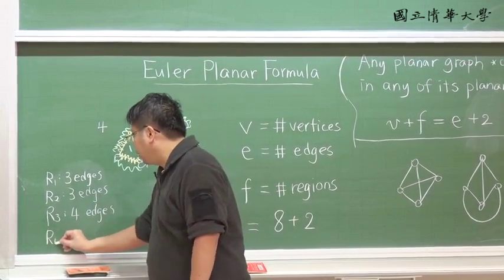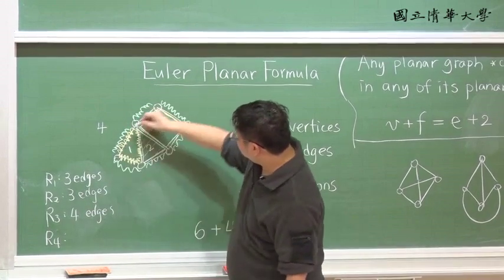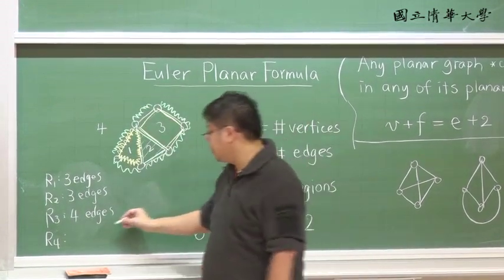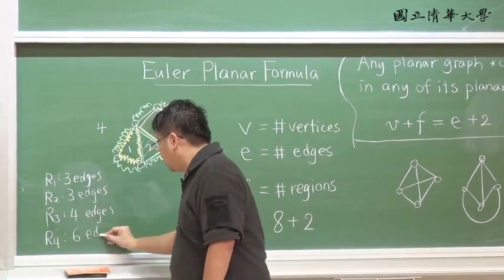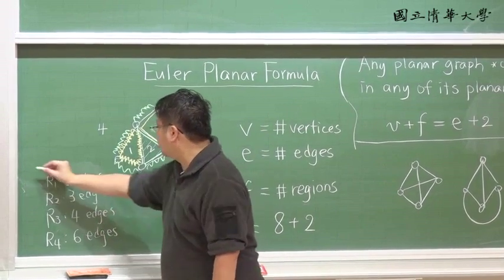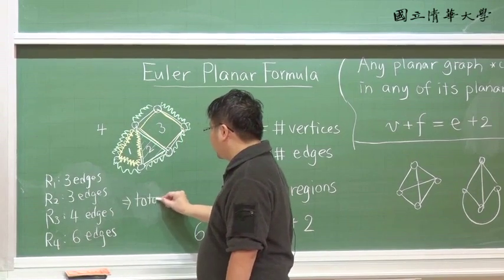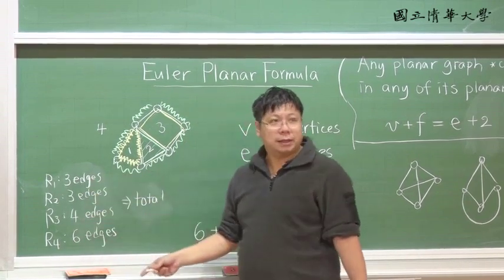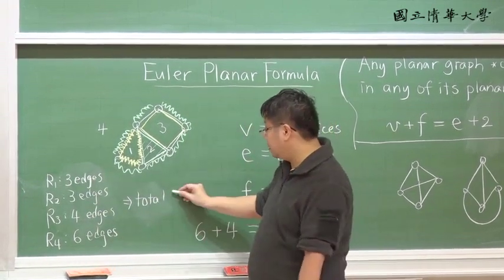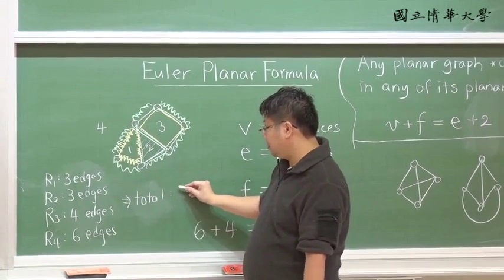And region 4, how many edges? 1, 2, 3, 4, 5, 6 edges. So altogether, the total is 3, 3, 4, 6, which is 16, right? 16 edges.